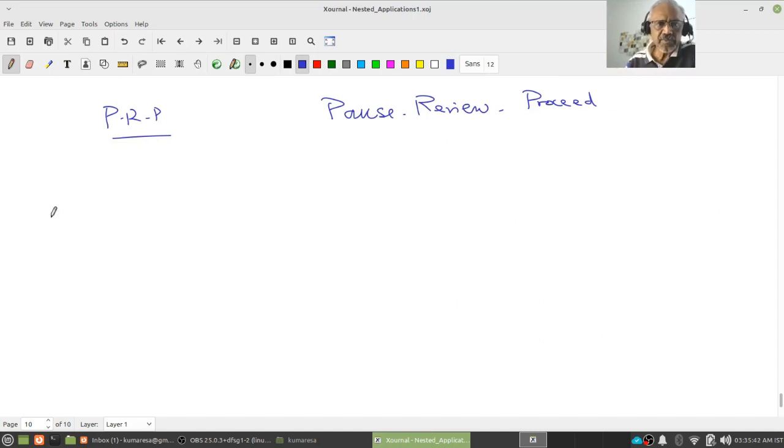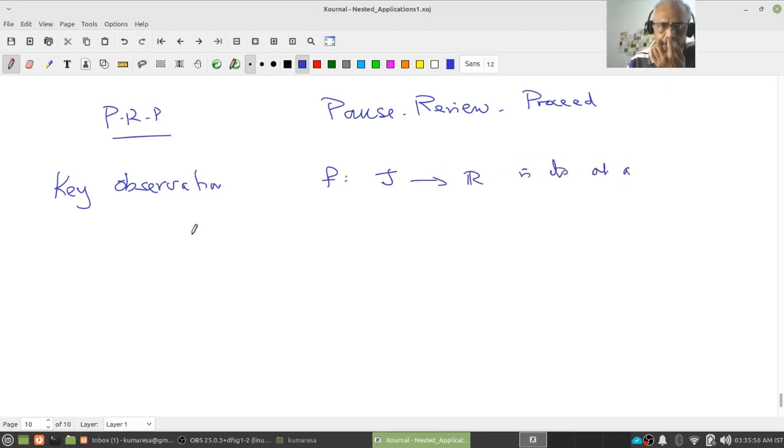The key observation is the following. Suppose F from J to R is continuous at A, and suppose F of A is non-zero, then either F of A is positive or F of A is negative.